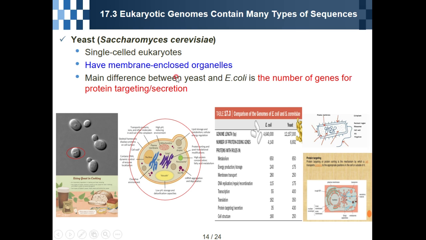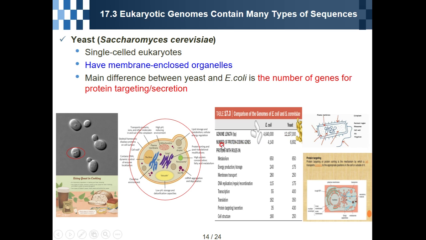E. coli is also single-celled, but the main difference between yeast and E. coli, as in table 17.3 comparing the genome of E. coli and yeast, is this: their genome sizes are nearly similar.